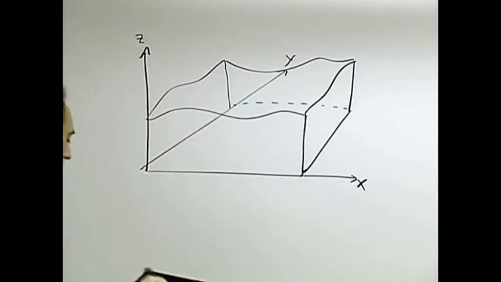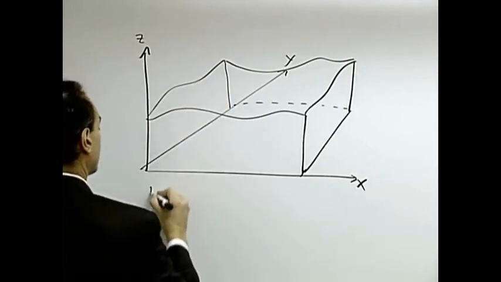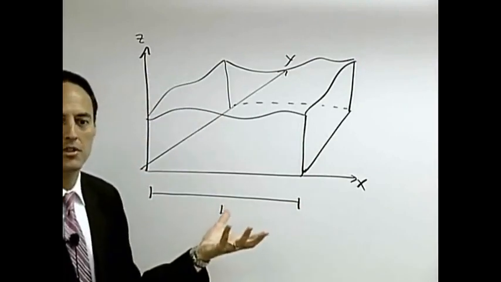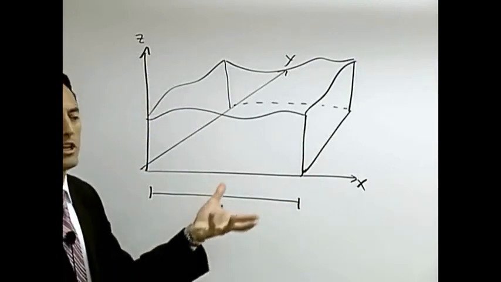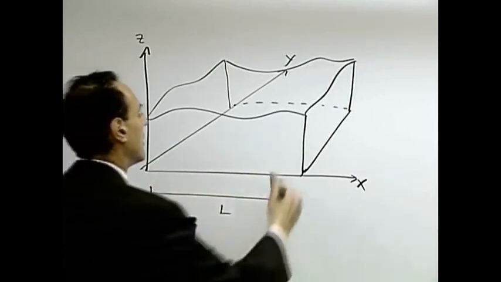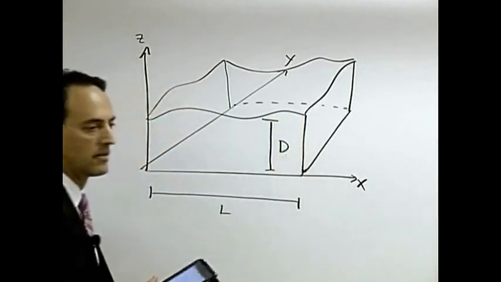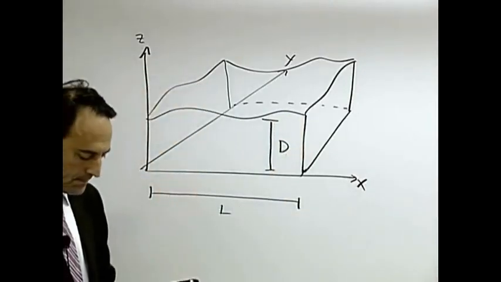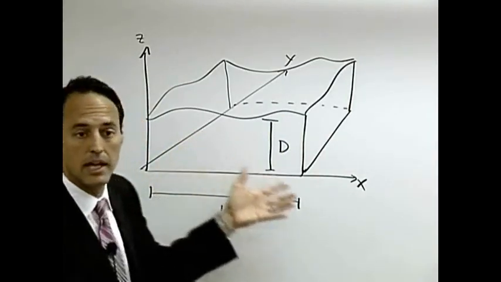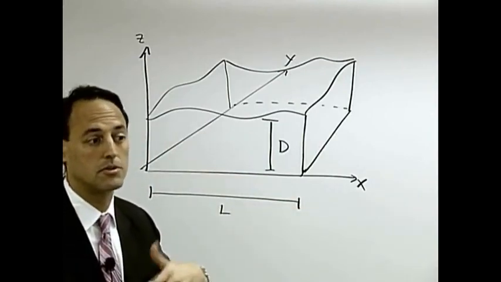There are important things that we want to understand here. First of all, we say that there's maybe some characteristic length, L, that measures the structures or dynamics that are happening in the XY direction. The fluid height itself comes in some characteristic height, D. And in addition to specifying the location of the fluid, what we're interested in quantifying is the dynamics of the fluid, in other words, its movement.